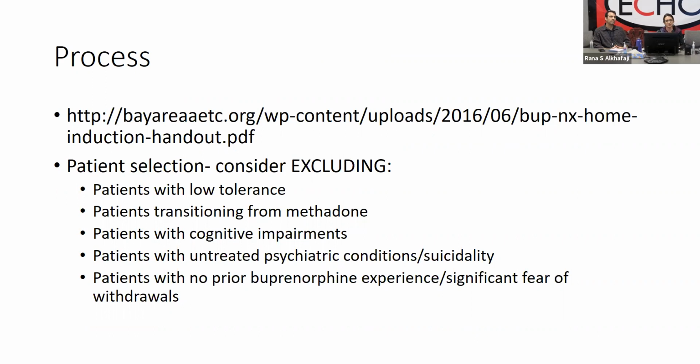So consider patients with low tolerance. That might be somebody who has not taken opioids in quite some time, and they still qualify for opioid use disorder criteria, so they're needing to start buprenorphine, but you're worried about their tolerance and you want them to be monitored.